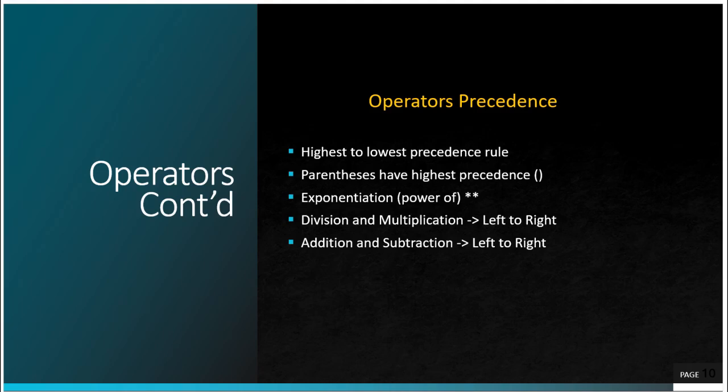So when an expression has a bracket, that takes the highest precedence. Once the bracket is completed, we next do the exponentiation, which is the power we looked at. And then we do division and multiplication, which is always done left to right. We'll see what that means in a few minutes. Addition and subtraction have the last precedence, and again it is left to right.